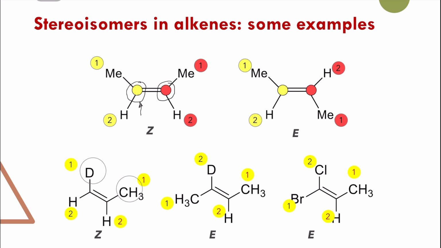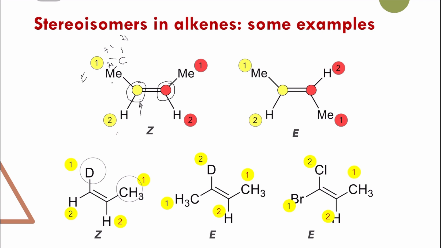Now I'm looking at this double bond to assign the different substituents into Z and E. The yellow carbon is attached to methyl and hydrogen. We know that methyl will have priority over hydrogen because methyl starts with carbon, which has 3 hydrogen atoms, and carbon has priority over hydrogen, so the methyl will be given the priority.